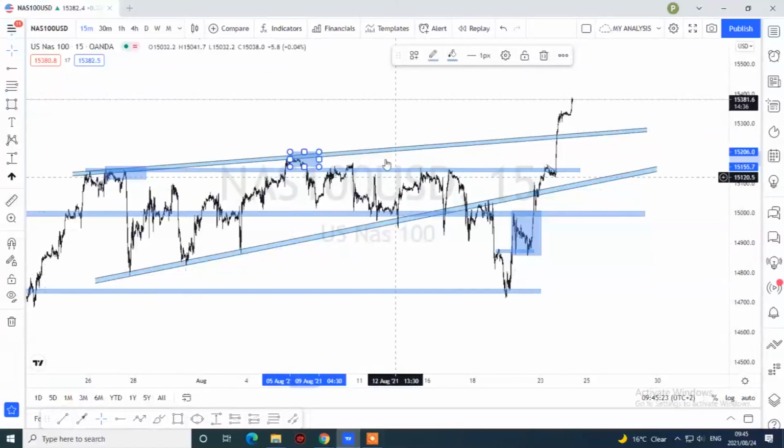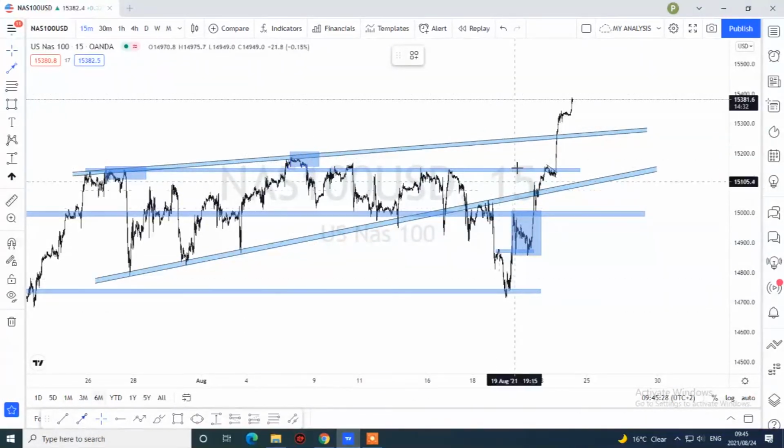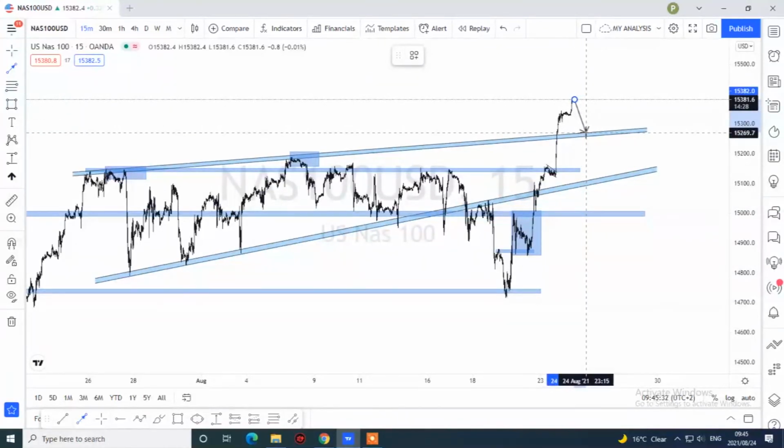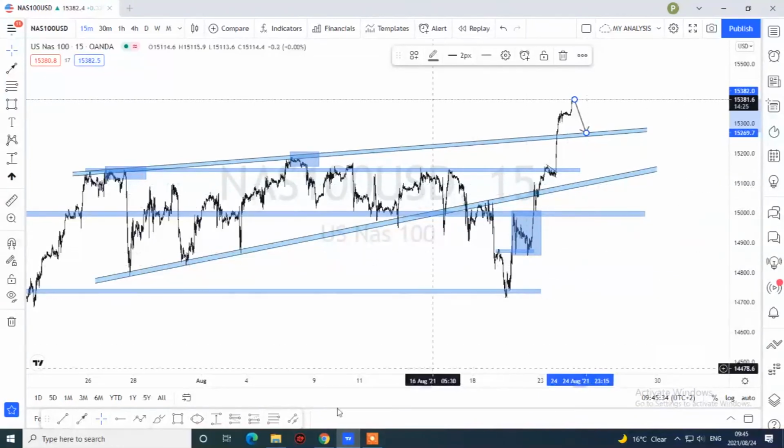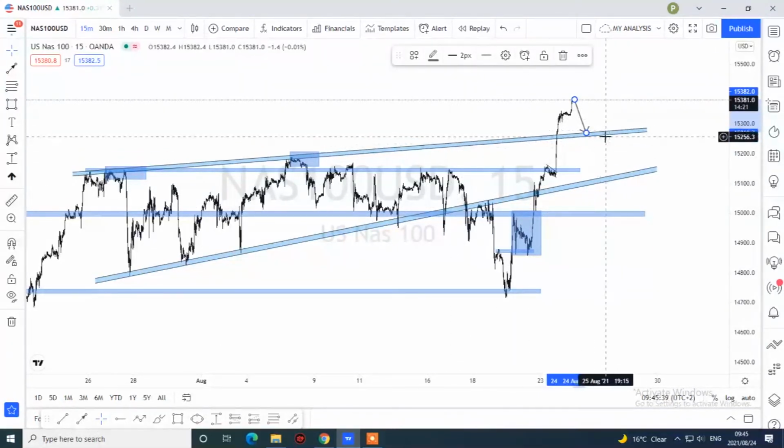But now it has broken this structure, so the only thing we can do now is wait for the market to come back here. We can take sells if we get any reversal signs, to this point here where the market broke, because there's no retest that happened.